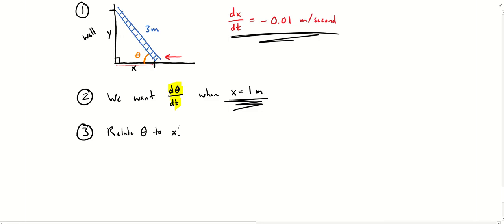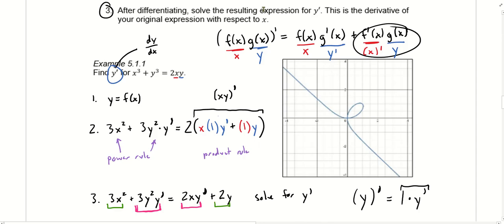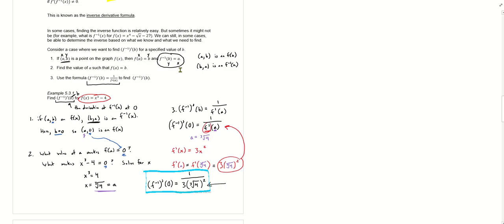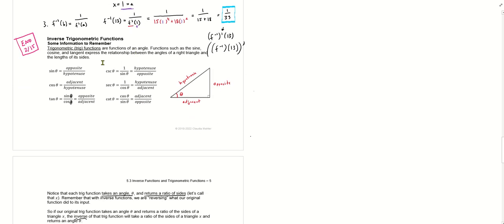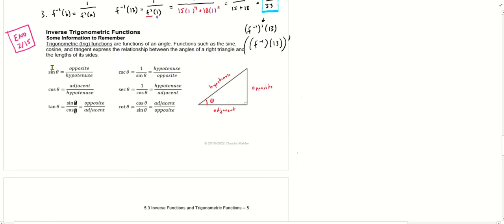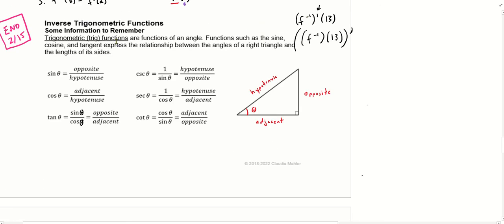Theta is an angle. X is a side length of this triangle. Now this is where it helps to go back to what we talked about with trig functions, everybody's other favorite topic. We've got implicit differentiation and trig functions going on here. Let me go back to topic 5 and inverse functions, specifically the bottom of page 4 where we talked about the trig functions.